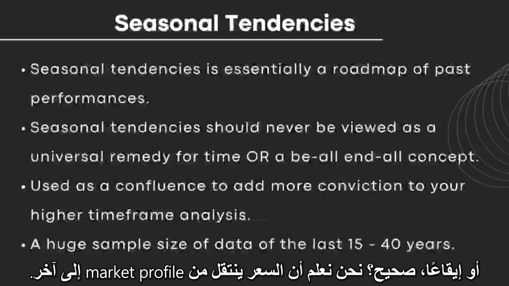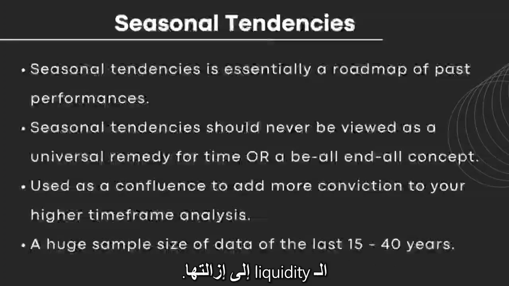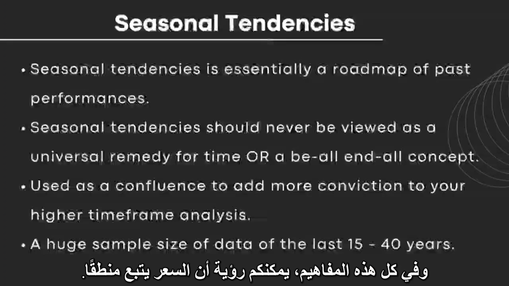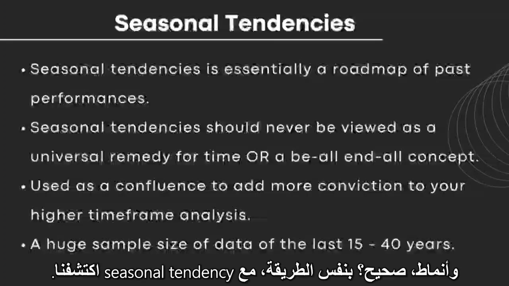We know that price goes from one market profile to another. In the same way, it goes from one key level to another. It goes from generating liquidity to purging liquidity and then neutralizing that liquidity and then resetting the whole cycle, right? In all of these concepts, you can see that price is following a logic and a specific detailed cycle with rhythmic sequences and patterns, right?